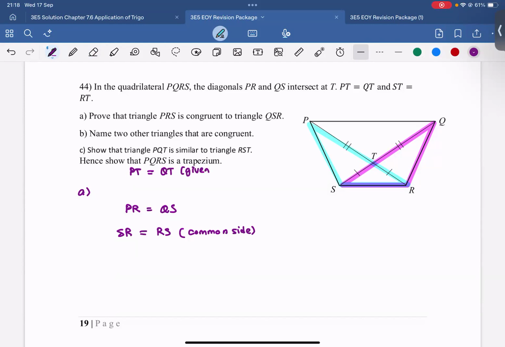ST equals RT, given. Then PR equals PT plus TR. PT is QT, TR is ST, then equals QS.